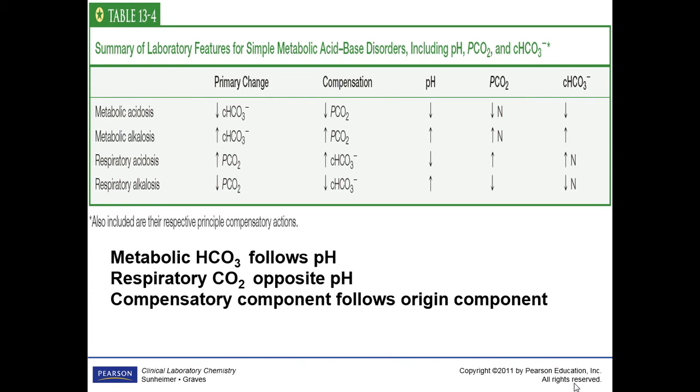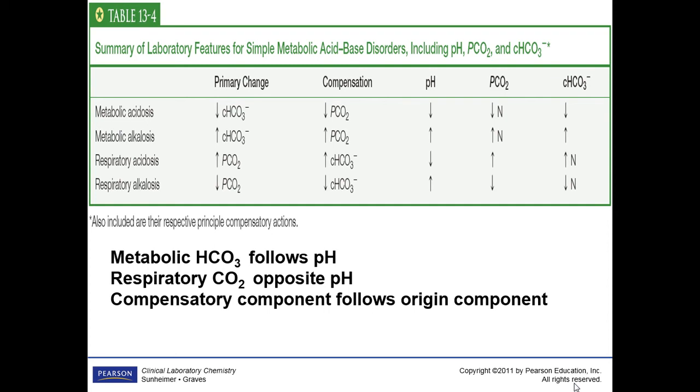Okay? Now, oftentimes we'll get the patient in between. You know, they're not always perfectly a metabolic acidosis when we get a specimen to test. They might be partially compensated, or it might have just started. And so, you know, it's kind of hard to put the numbers together.